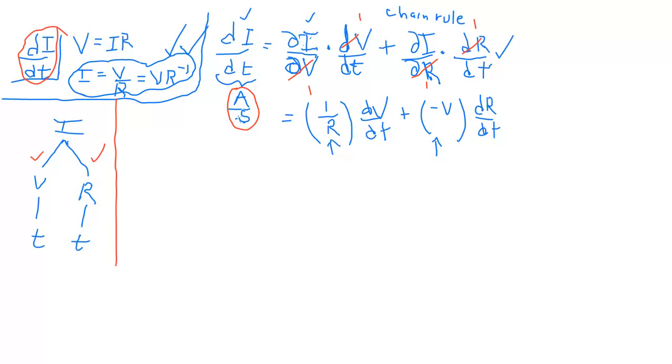Negative V over R squared. Okay. And so we're going to get 1 over R times dV dt minus V over R squared times dr dt.